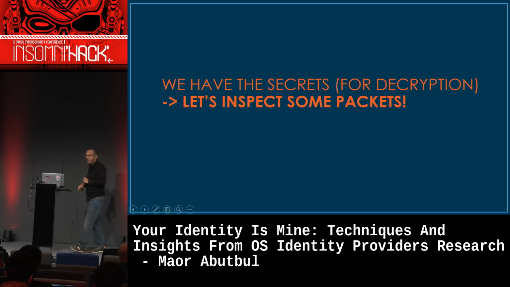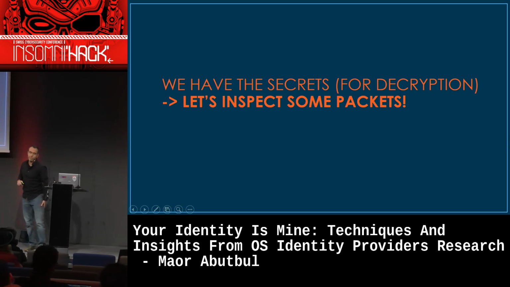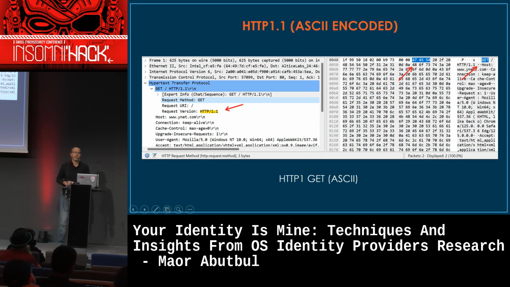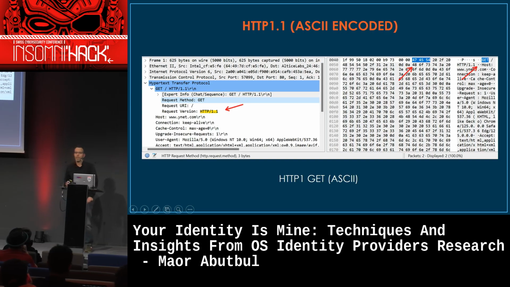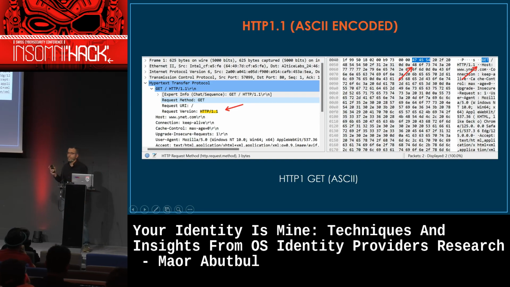Let's inspect some packets. We'll start by inspecting HTTP version 1 traffic. In HTTP version 1, the data is transferred in clear text, so the content is ASCII encoded. As can be seen in the image, the literal characters GET are ASCII encoded on the wire.